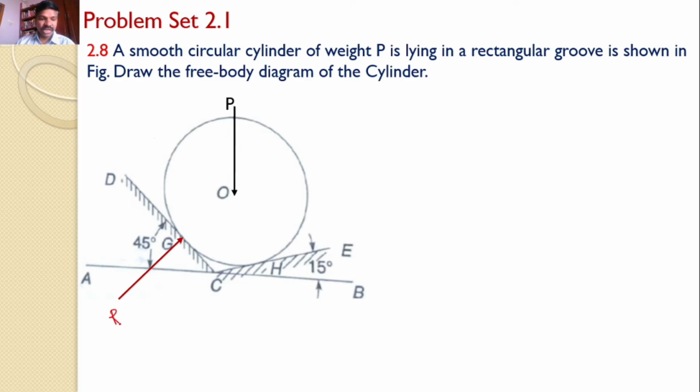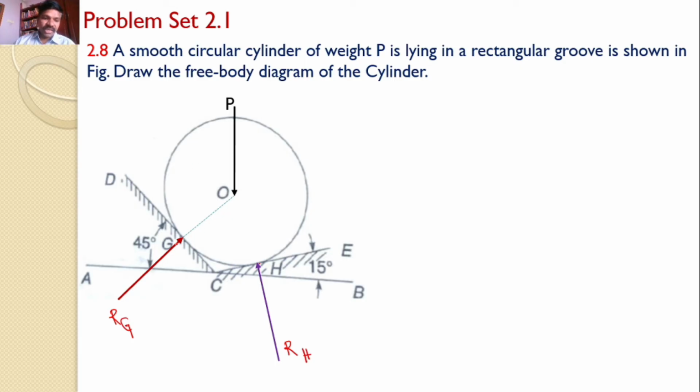This is the reaction at G. Similarly, the cylinder is supported at H. Hence, this fixed support will introduce a reaction at H perpendicular to CE, and it is towards the cylinder, that is RH.